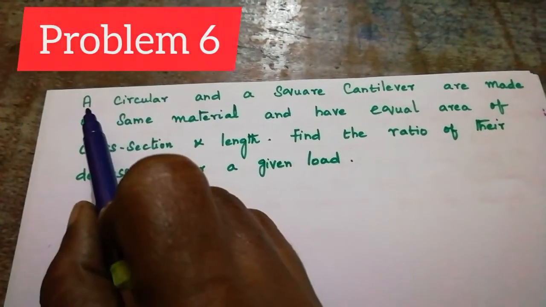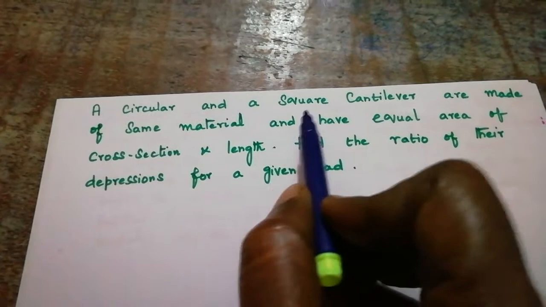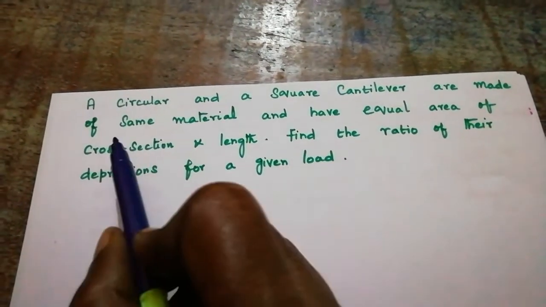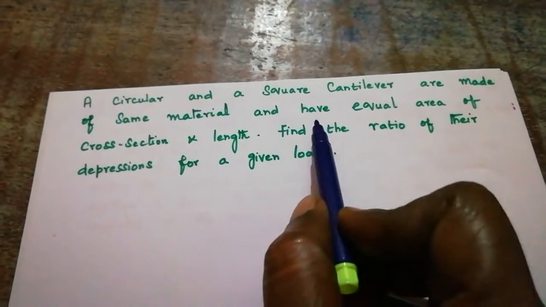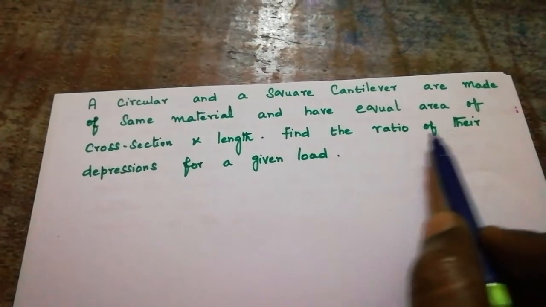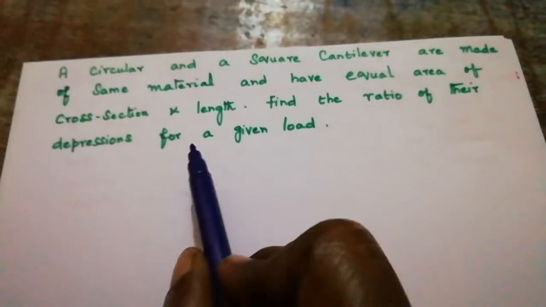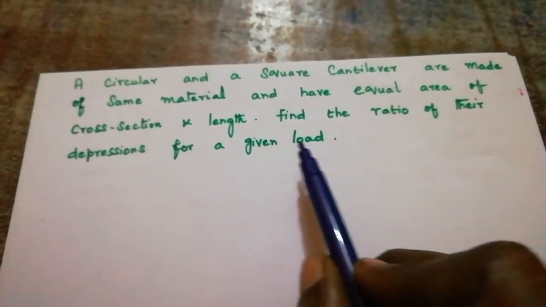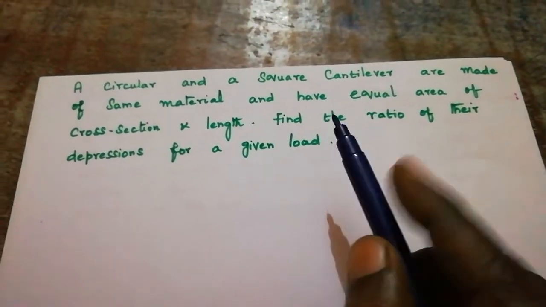Next problem is, a circular and a square cantilever are made of same material and have equal area of cross section and length. Find the ratio of their depressions for a given load. So no numerical parameters are given here.